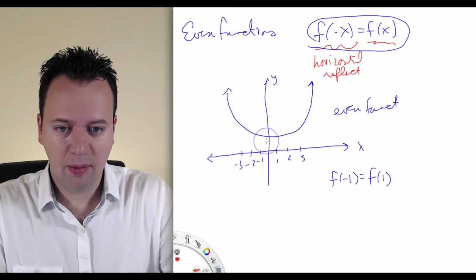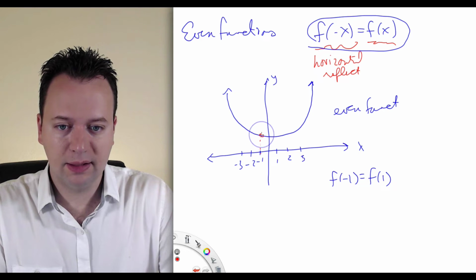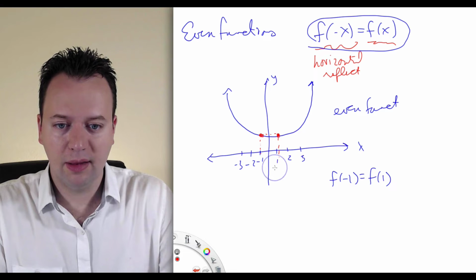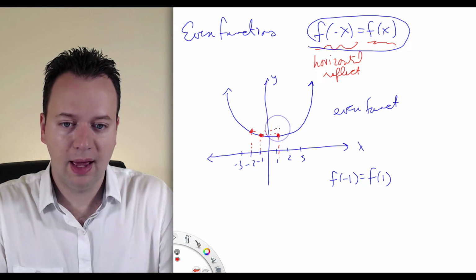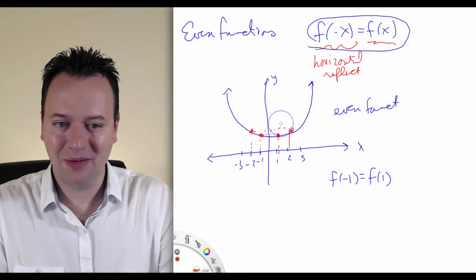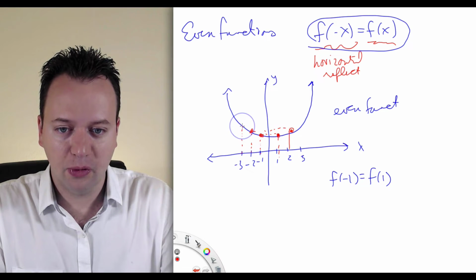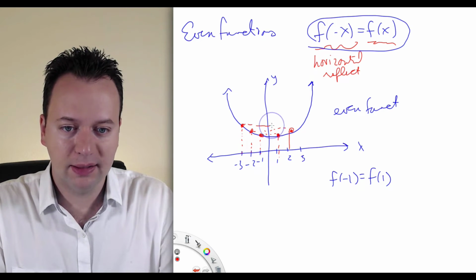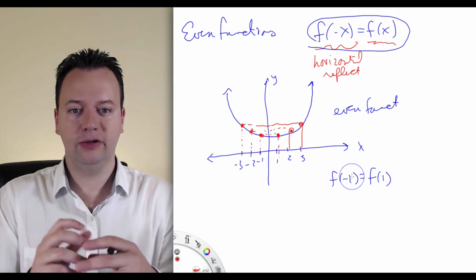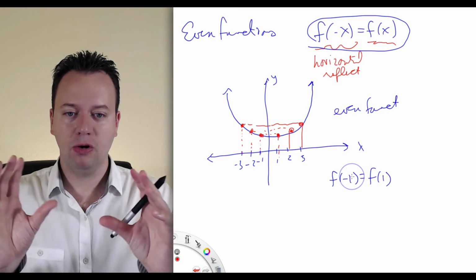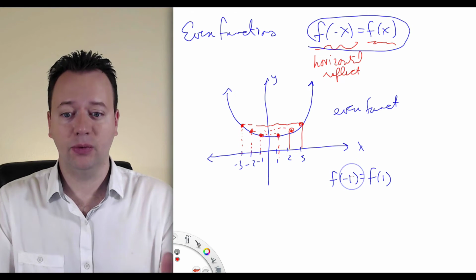So the output at minus 1 has to match up with the output at 1. Similarly, the output at minus 2 has to equal the output at plus 2. Ignore the imperfections in my drawing, but you see the point. And the output at minus 3 has to match with the output at plus 3. So basically there's a symmetry. It's a mirror image about the y-axis, and that's what an even function is.